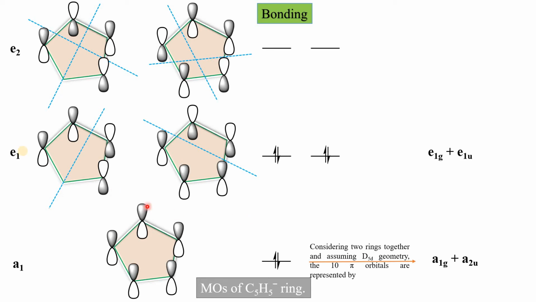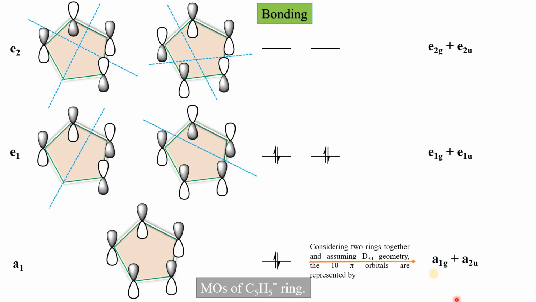Similarly, if we combine the E1, then we will get E1g and E1u. g stands for gerade, even symmetry, and u stands for ungerade. And if we combine the E2, we get E2g and E2u. So we are combining 5 orbitals of one with 5 orbitals of the other, so we are getting a total of 10 orbitals.